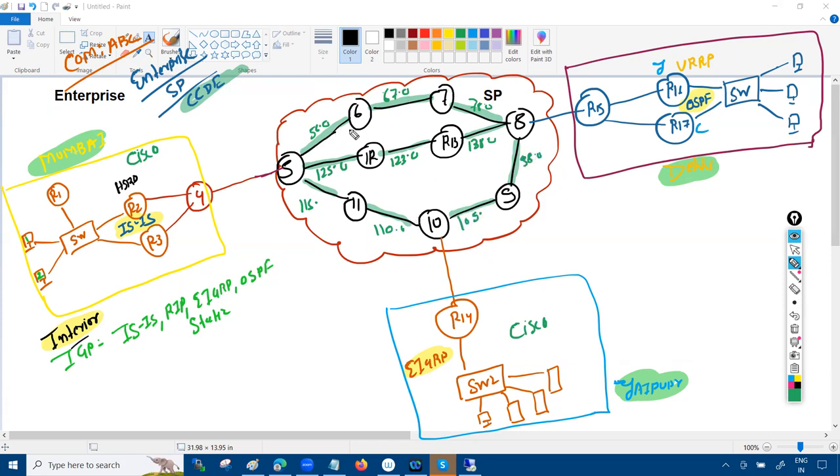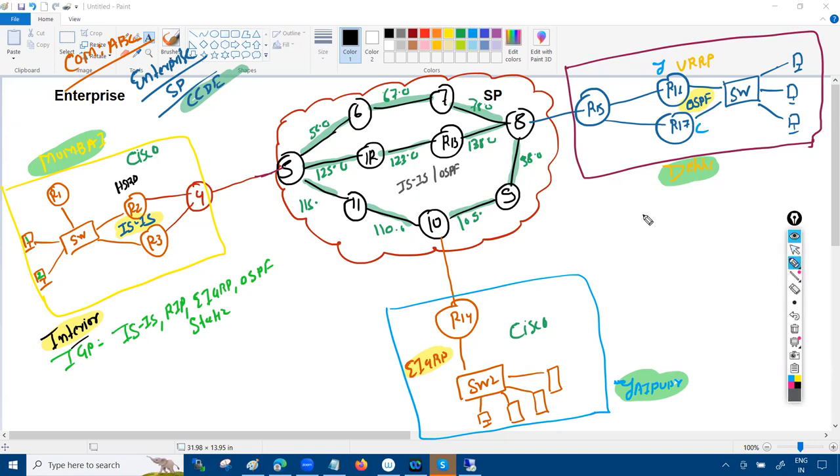To exchange all the routes, we can go with any routing protocol. But what is the recommendation? The recommendation is that you go with the IS-IS protocol or the OSPF protocol. The reason is that these two protocols can support traffic engineering.